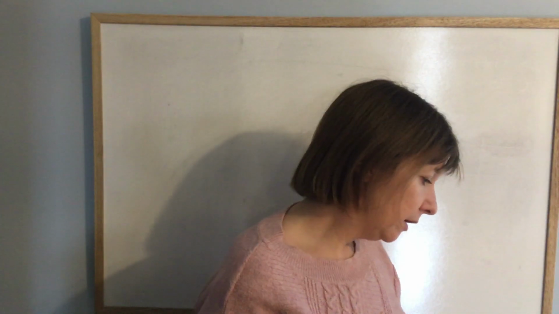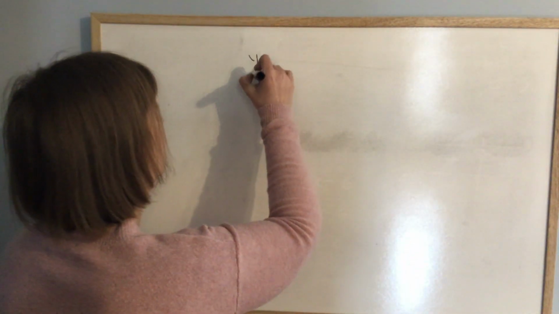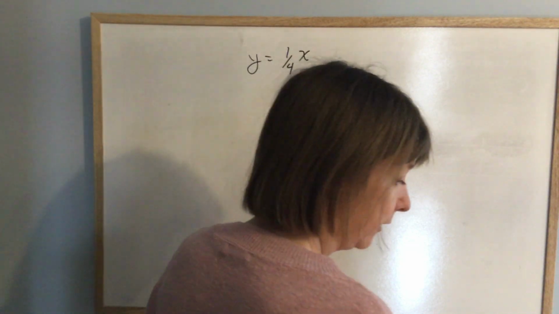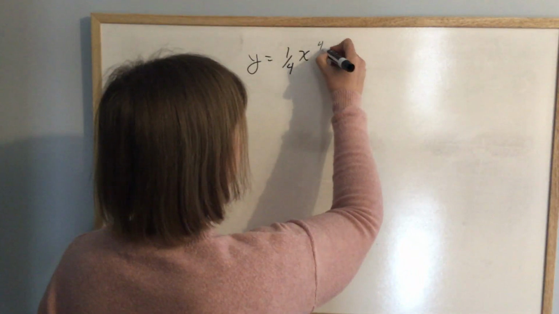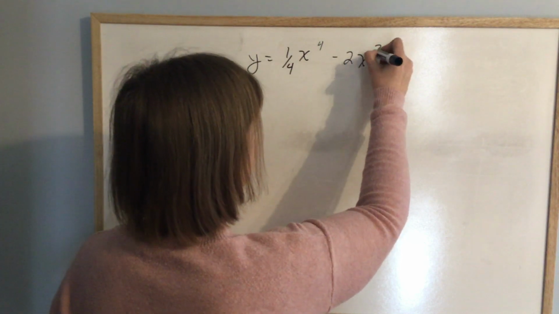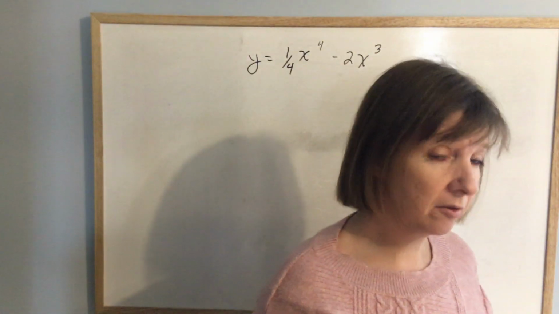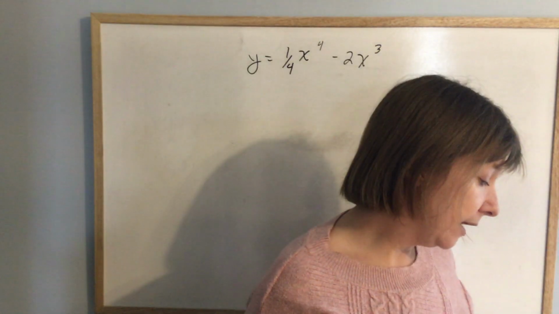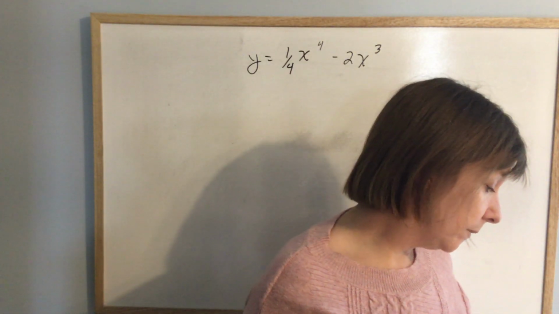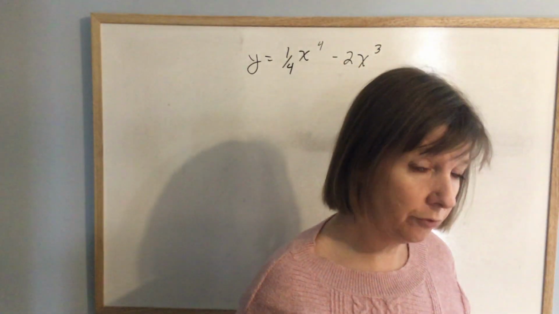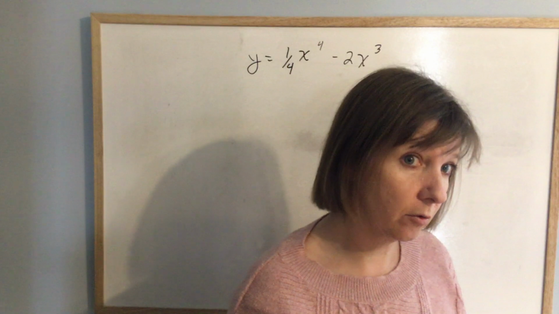So you have the function y is equal to 1/4 x to the 4th minus 2x cubed. The directions say find the local maximums and minimums and use these with concavity and points of inflection to sketch the graph.